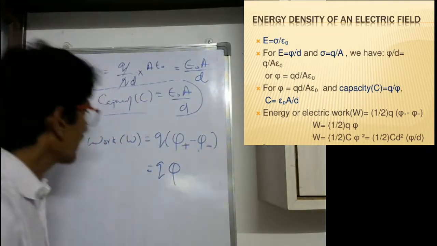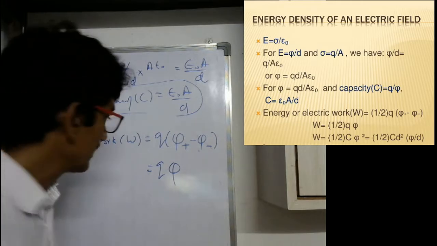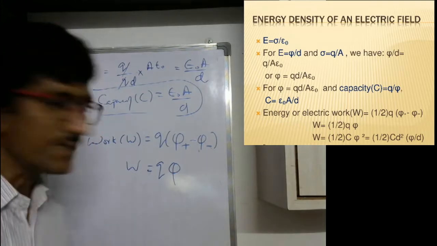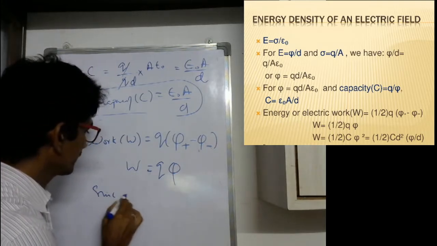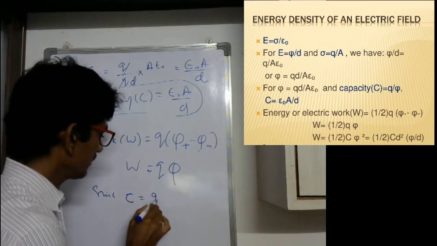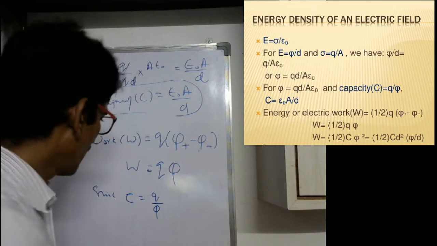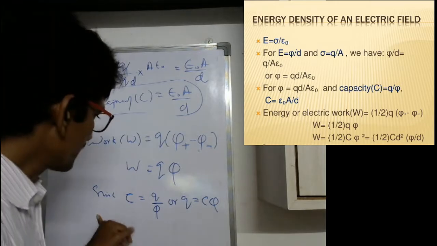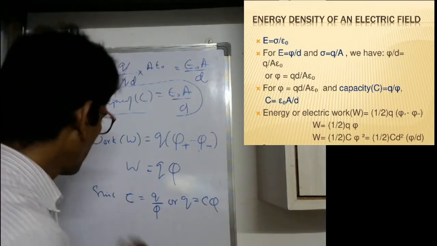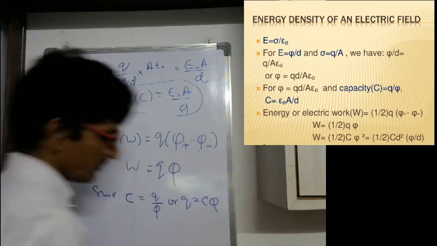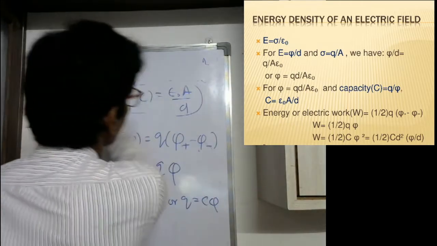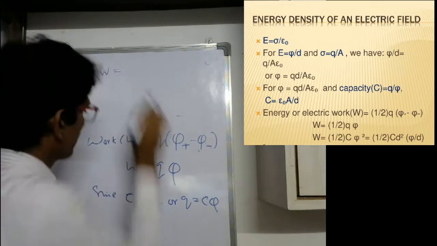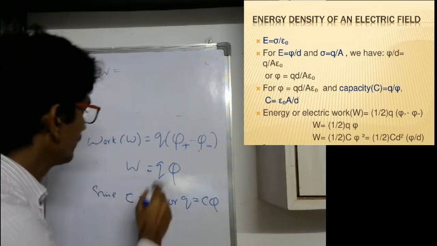Now, again using the definition of capacity, since C is equal to Q by phi, or Q is equal to C phi, you have W, the electrostatic work.